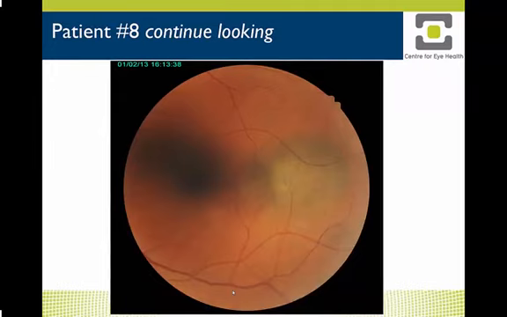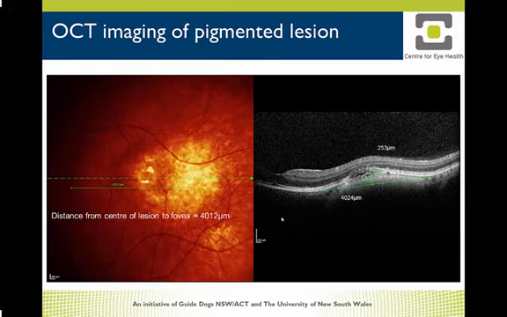And in particular, in this particular patient, it's important to keep on looking. This dark area here is simply an artifact of photography, but this certainly isn't. This is potentially a nevus or could be a melanoma, and when we undertook an OCT, it's slightly elevated. There are some changes that occur in the retinal pigment epithelial photoreceptor layer that could indicate either a nevus or a choroidal melanoma.